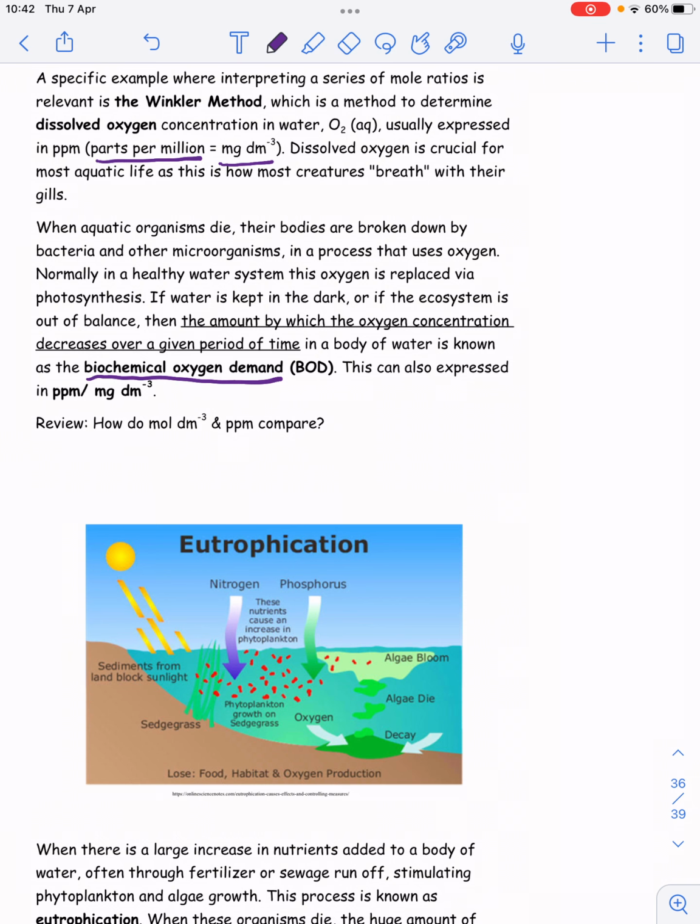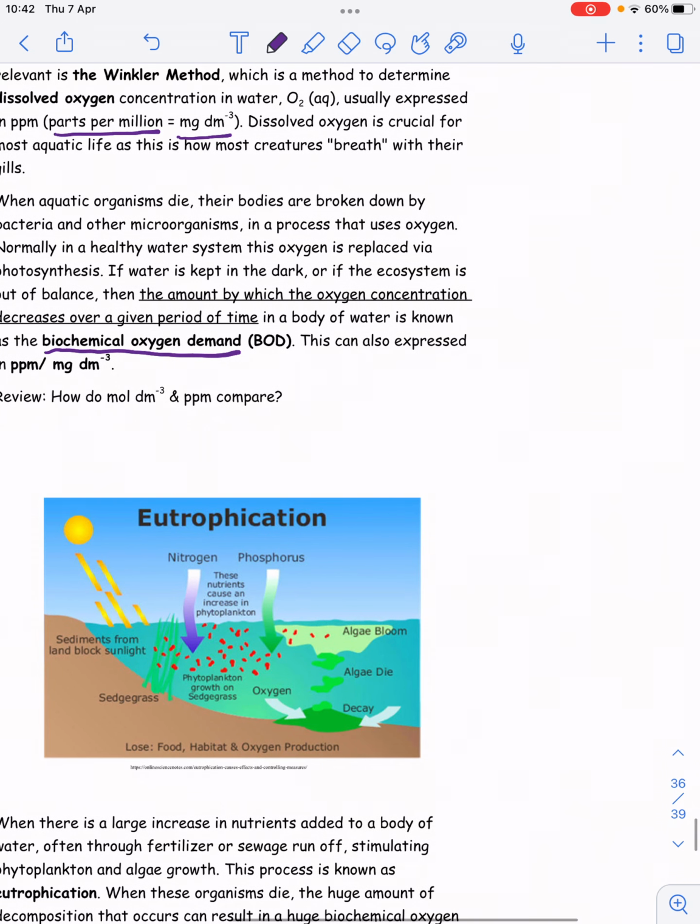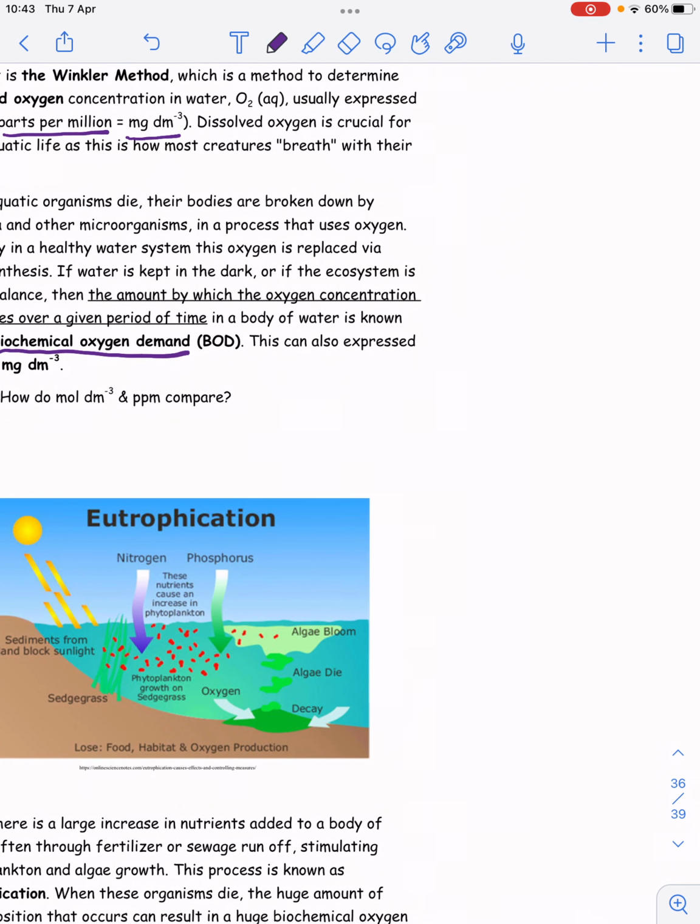But if you want to test for this biochemical oxygen demand, which is how much oxygen is being used by the creatures living in that sample of water, you can measure the concentration of oxygen in the sample, and then you can place another sample in the dark. If you place it in the dark, that will essentially shut down the photosynthesis that's taking place.